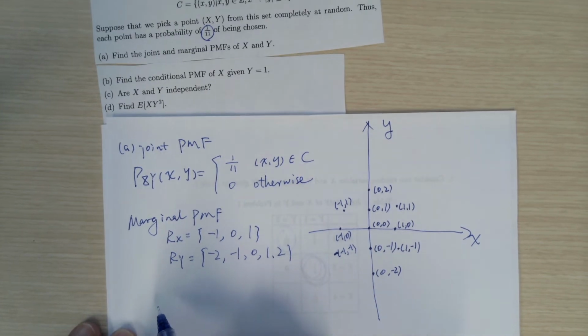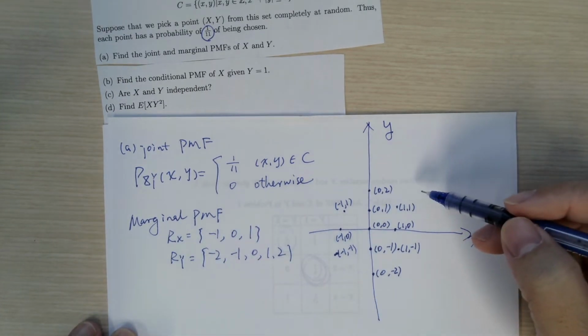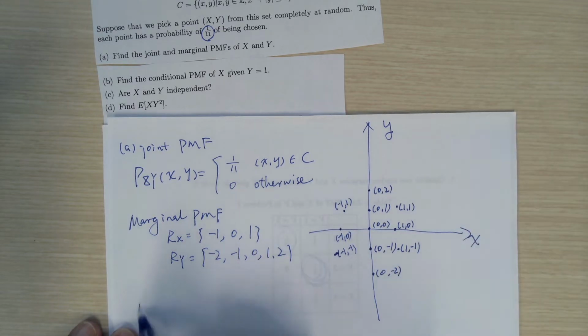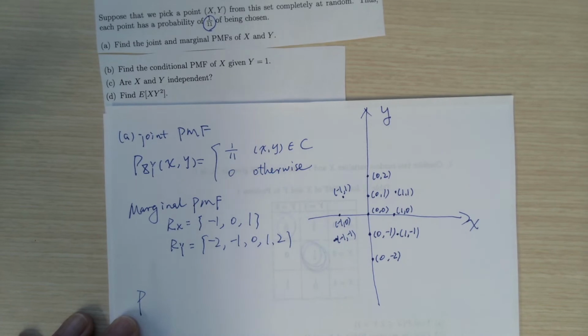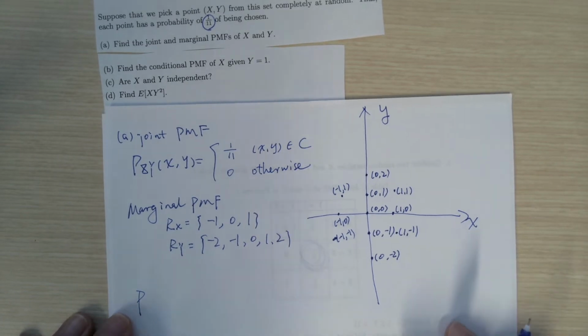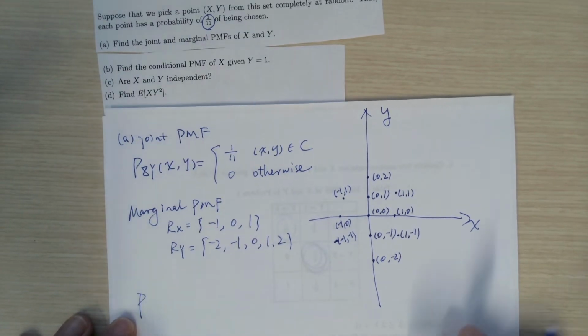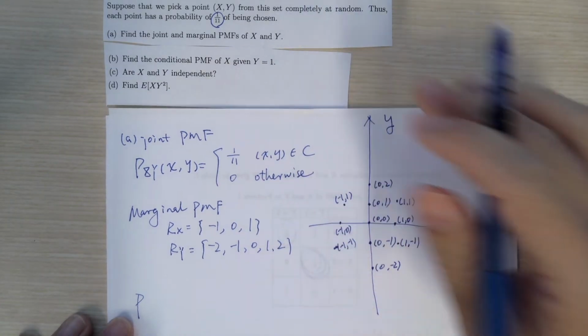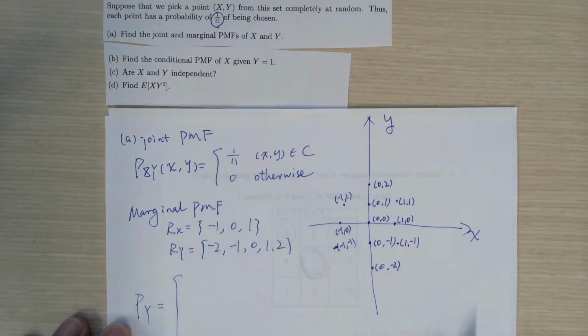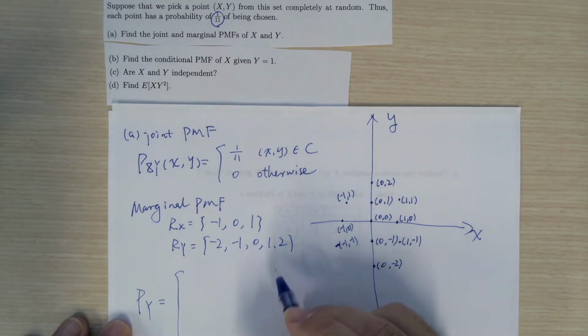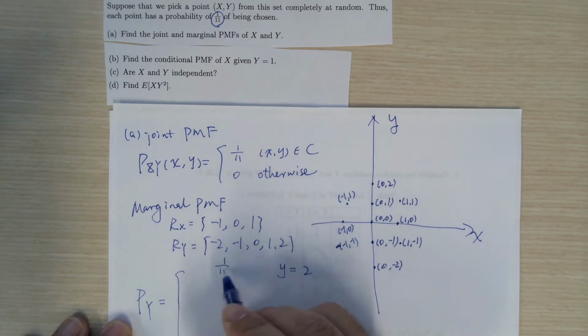So we can write it down. The marginal PMF for y. When y equals 2, it's 1 over 11.